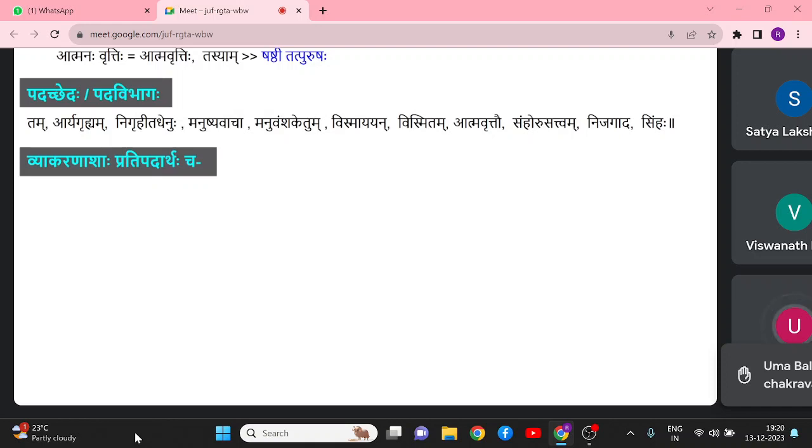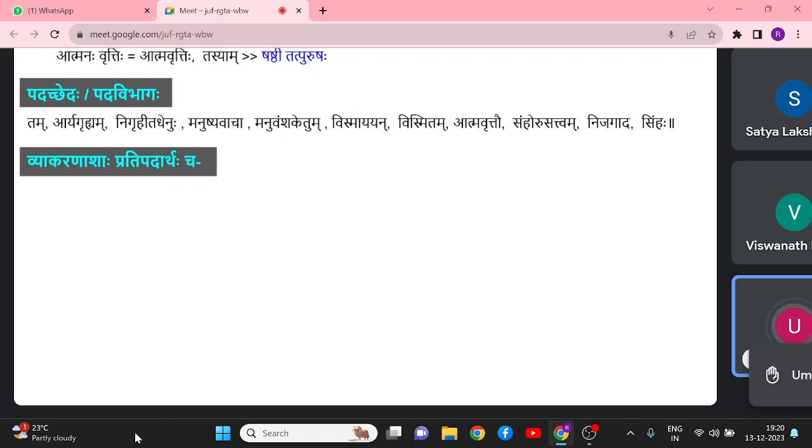Arya Gruhyam. It's Akaranta Pullinga Shabda, Dvitiya Vibhakti Ekavachana. Nigruhita Denuhu, it's on Simha. Denuhu is Ukaranta Shabda, Pullinga Pratama Vibhakti Ekavachana. Manushya Vacha.